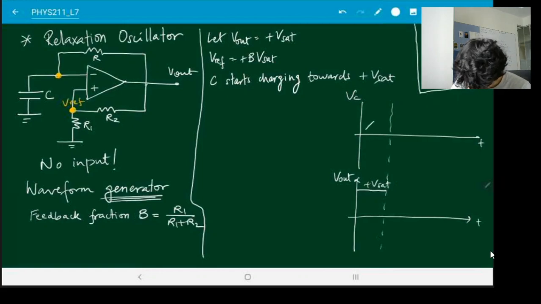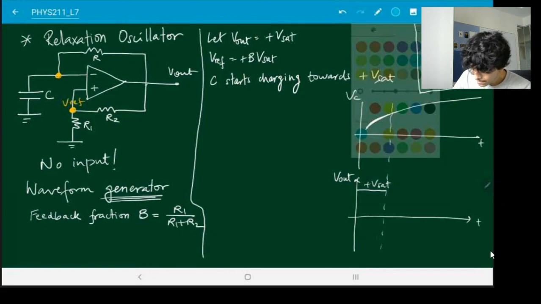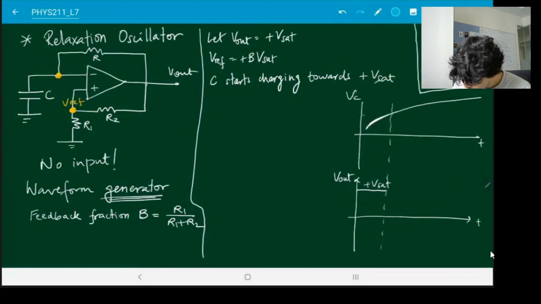There is some charging happening over here, and we have seen how capacitors charge. They charge like this, as we have seen in our discussion on RC circuits. But your Vref is plus B Vsat. So suppose this is your plus B Vsat, which we will call the upper trip point.